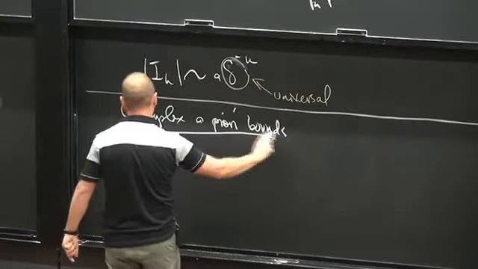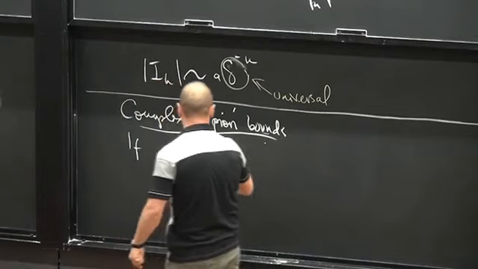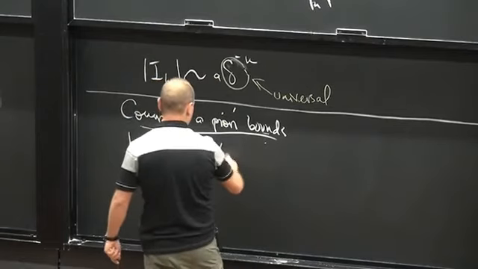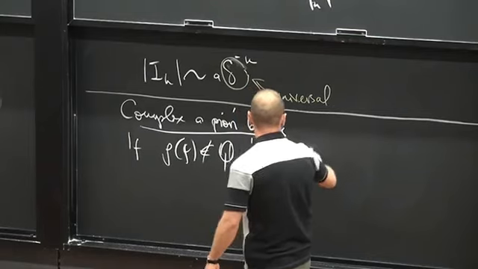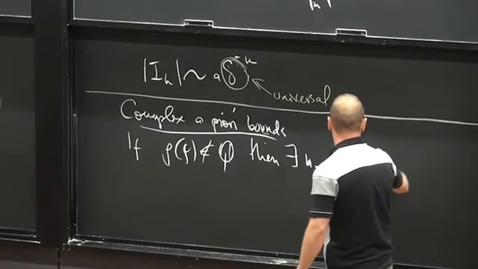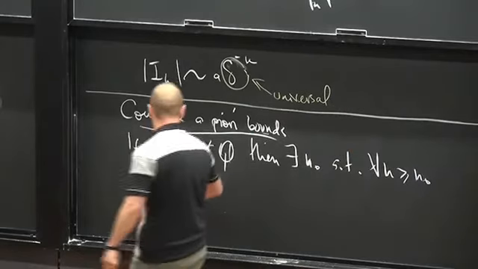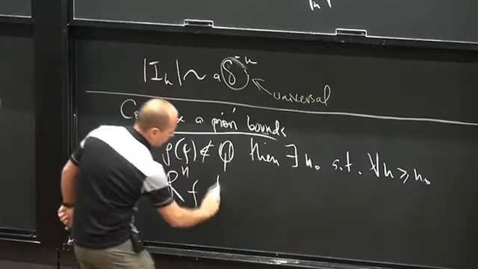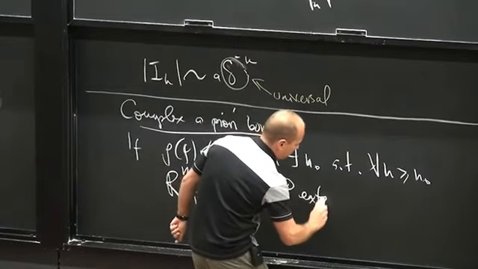The theorem says that if rho f is irrational, then there exists n naught such that for all n greater than or equal to n naught, R^n f has a holomorphic commuting pair extension.